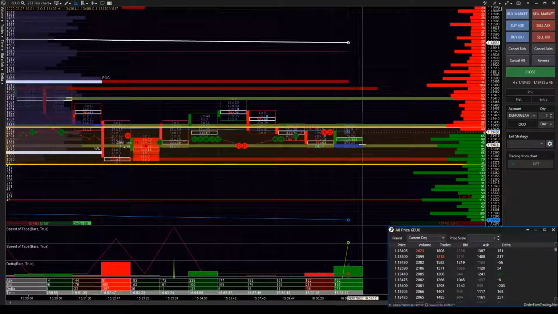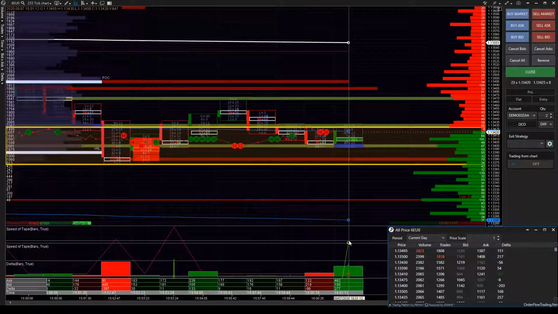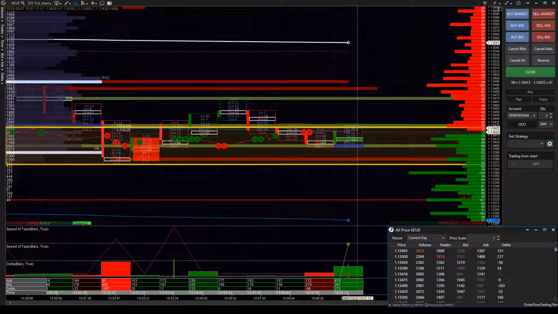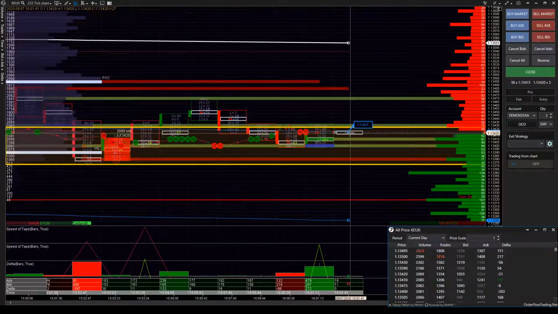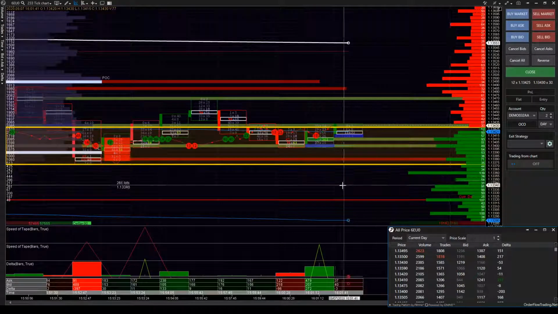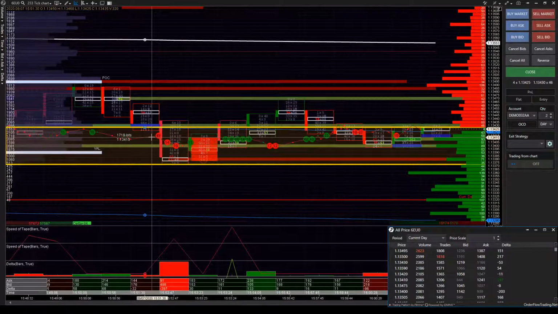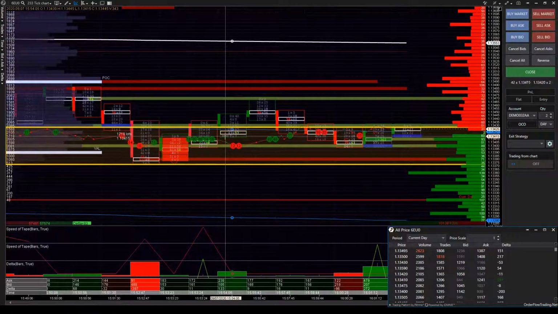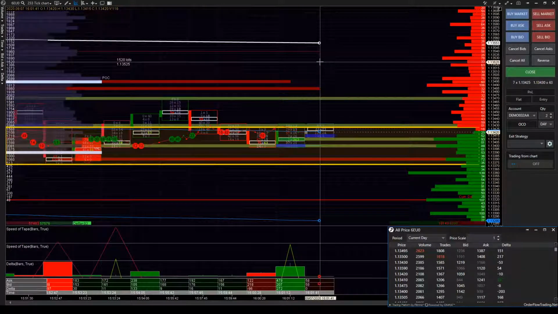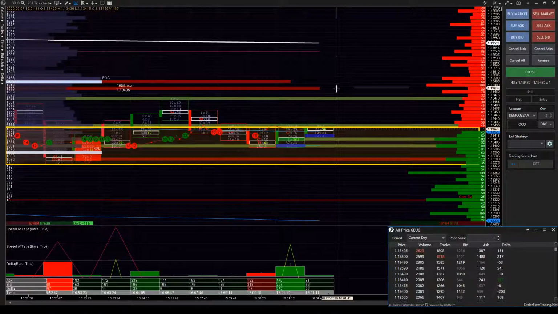We can see how buyers are now being very aggressive and putting a lot of contracts here, trying to stop the price from falling again. Okay, this is an interesting moment. It's a battle right now. We can see they're fighting on this volume area. They're fighting right now to make the breakout or a breakdown.